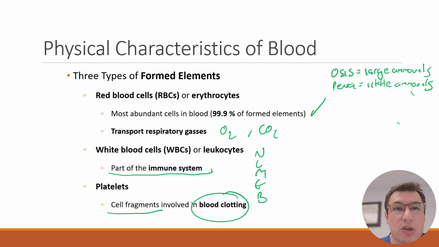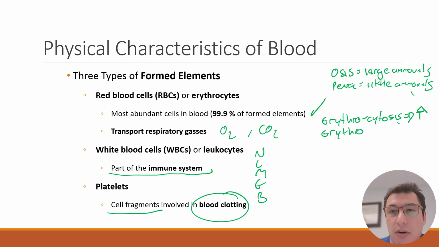So if we were to connect both words together, erythrocytosis will mean a high count of red blood cells. What about if we say erythropenia? Will mean a low count of red blood cells.